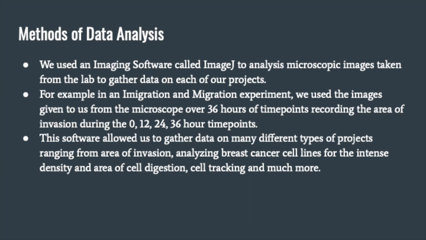For example, one of our projects was invasion and migration of cancer cells, and there we were given microscopic images of different locations and conditions under 36 hours of observation, and we had to record the 0, 12, 24, and 36 hour time points and gather the data of the area of invasion over those time points starting from 0 to 36. We use this software for the majority of our projects.